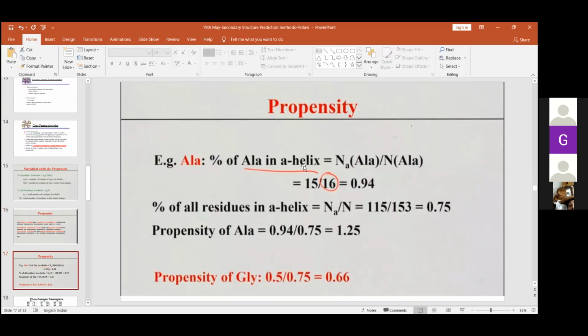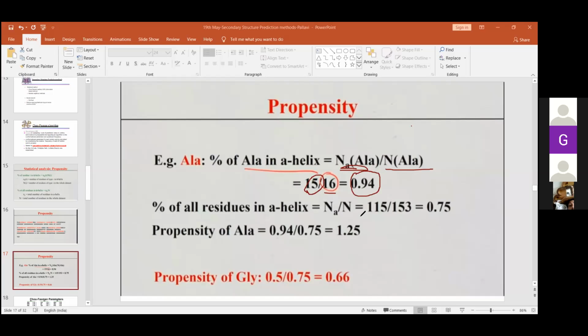Let us say there are 16 alanine, so the total number of alanine amino acids present in the protein is 16, and out of the 16 alanine, 15 are found in alpha helical form. How do I find the percentage of alanine in alpha helical form? The number of alanine in alpha helix form divided by the total number of alanine.